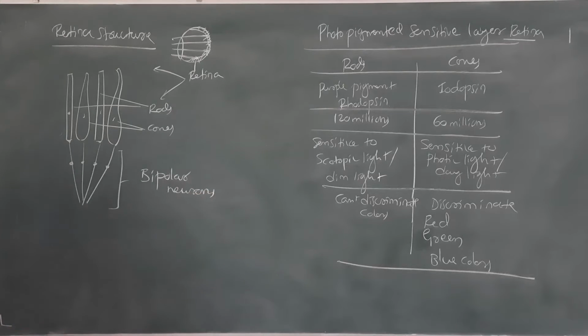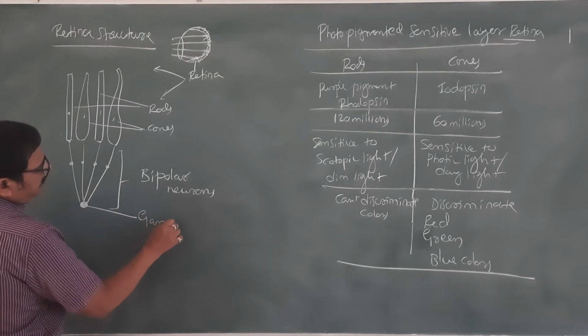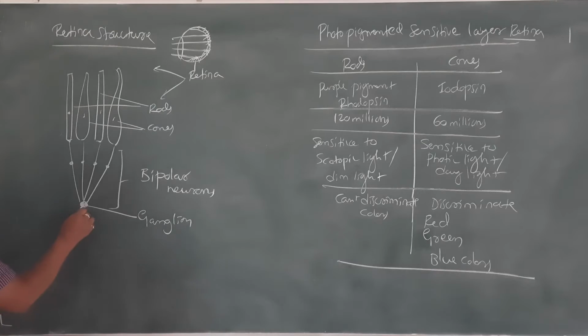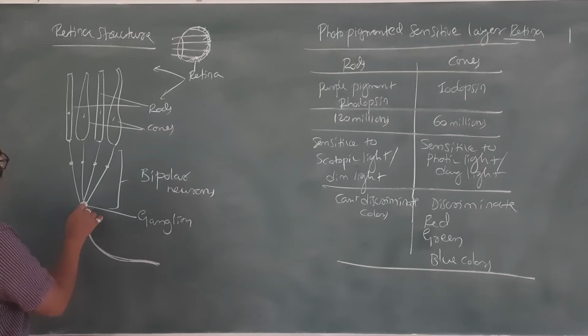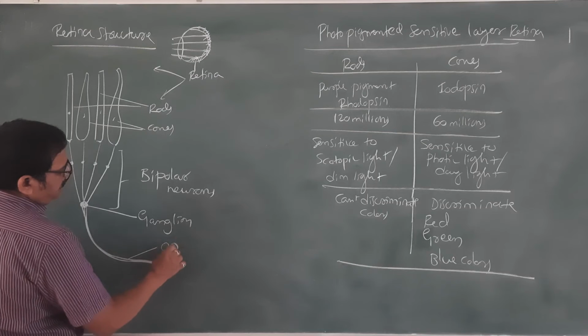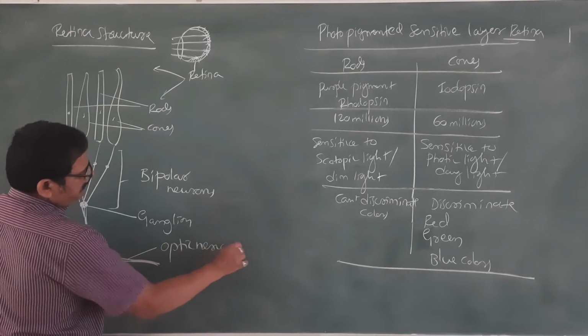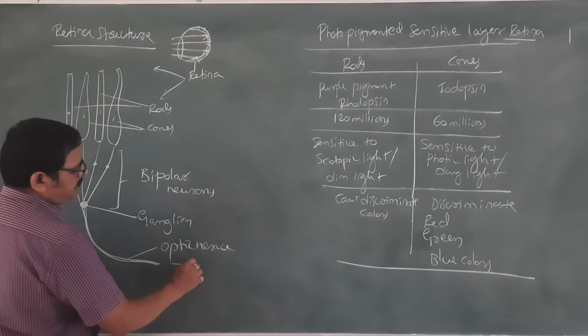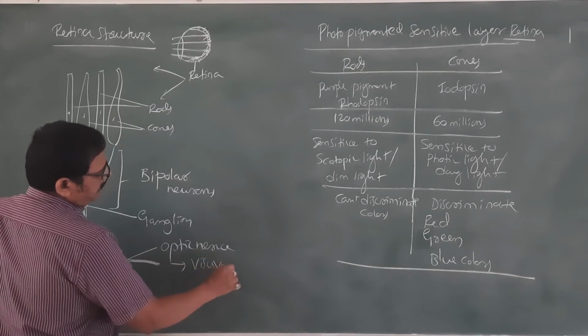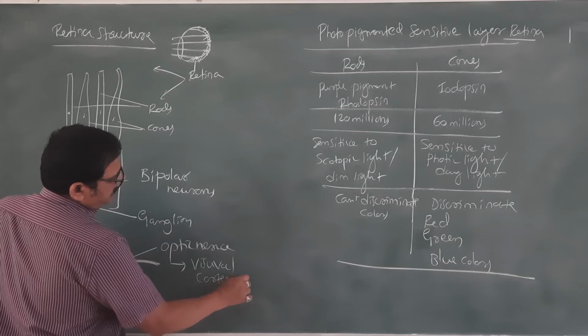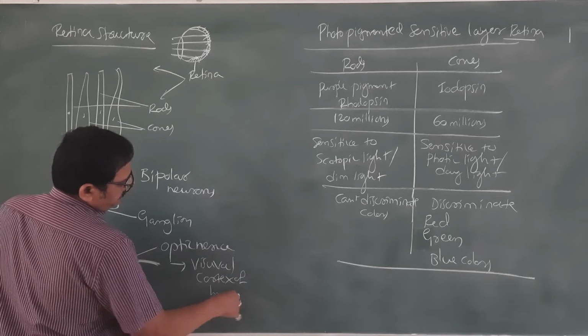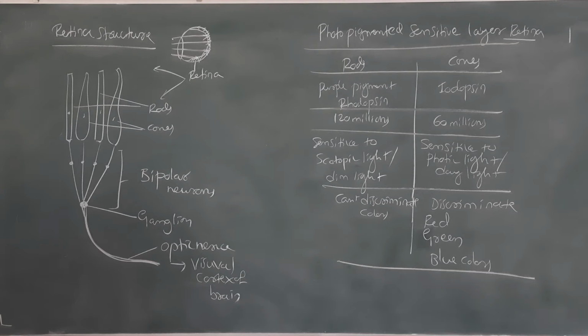Then they aggregate here, and this structure is called a ganglion. And then further, many ganglia and more nerves reach and form the common optic nerve. This optic nerve goes to the visual cortex of the brain. So this is the structure of the retina.